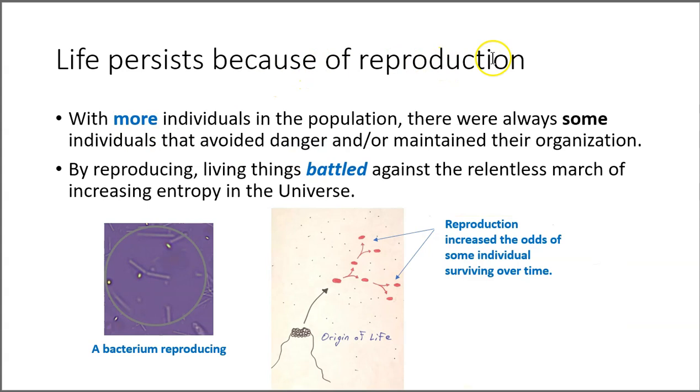But because of reproduction, with more individuals in the population, there were always some individuals that avoided danger and/or maintained their organization. By reproducing, living things battled against the relentless march of increasing entropy in our universe. So reproduction increased the odds of some individuals surviving over time.